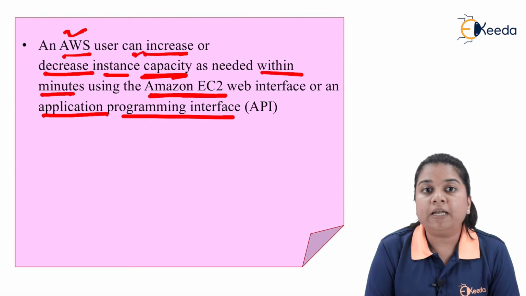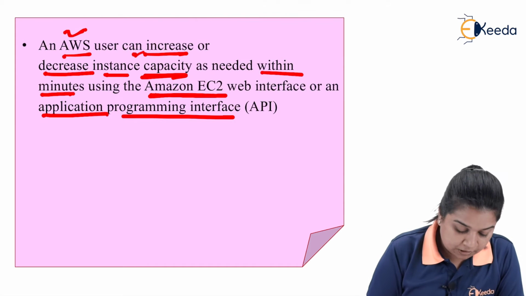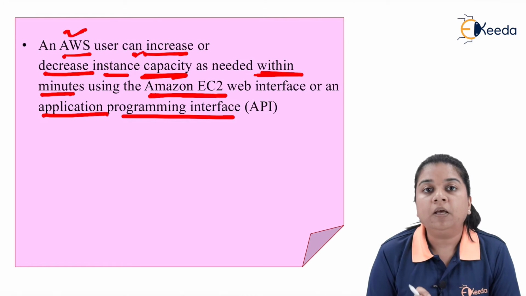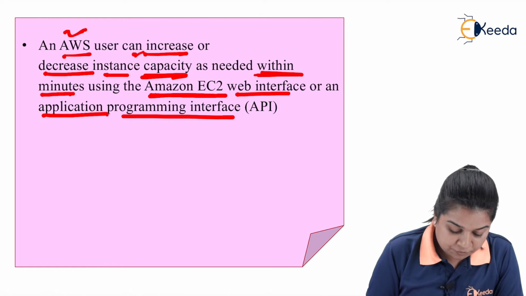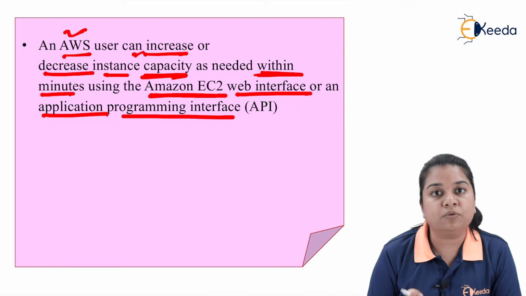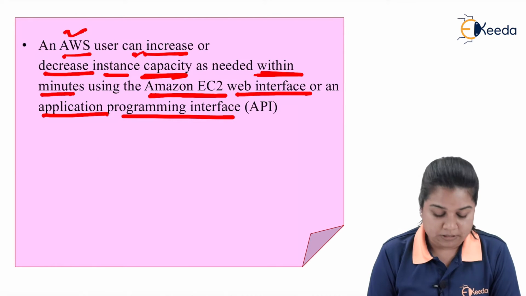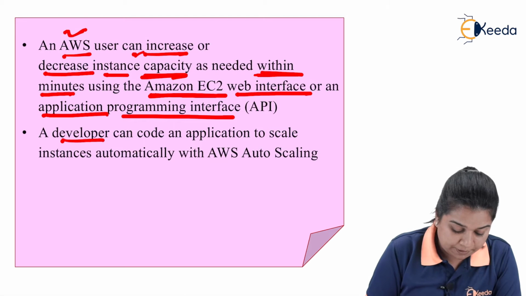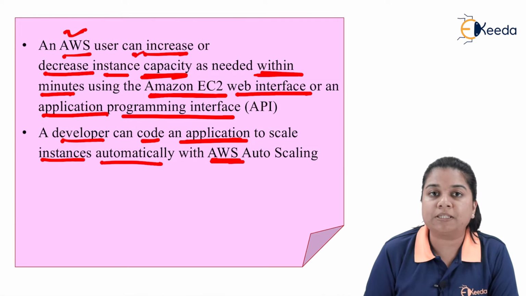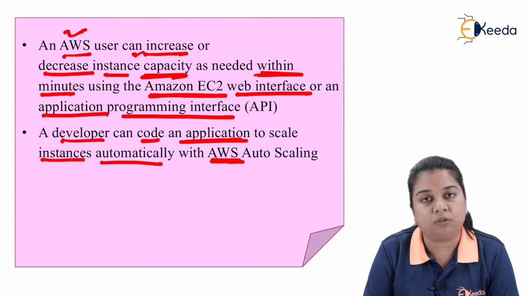As it is named, the elasticity will be given as needed within minutes from the Amazon EC2 cloud web interface or an application programming interface to that user who is subscribed to the services. A developer can code an application to scale instances automatically with AWS Auto Scaling, that is Amazon Web Services Auto Scaling.